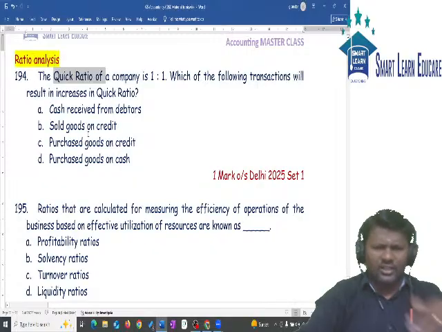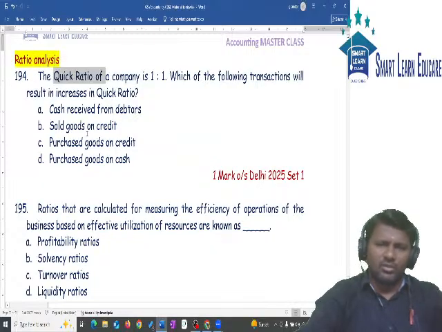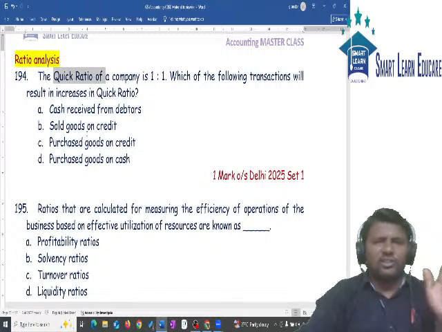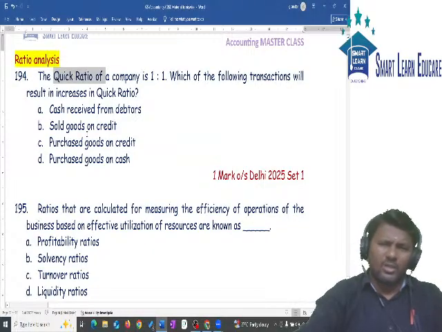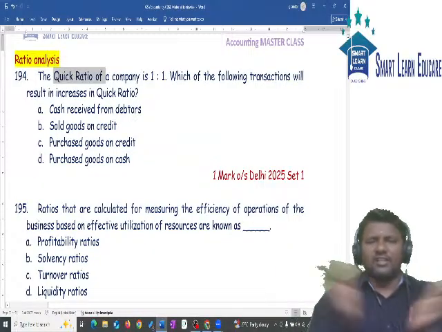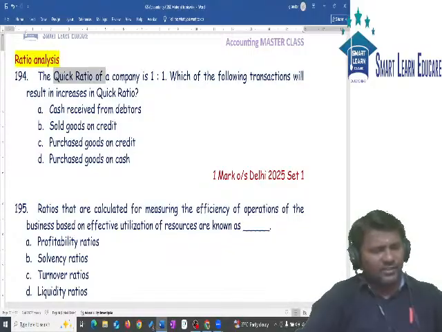You need to do some more questions extra, definitely, because in your material many questions are given for ratio. But we are taking the exam questions, and in exam questions you will find that there is no trend in this topic. One time they will ask return on equity, one time debtors turnover ratio, one time creditors turnover ratio, one time current ratio, quick ratio. Like that many formulas are there. We'll try to discuss this.